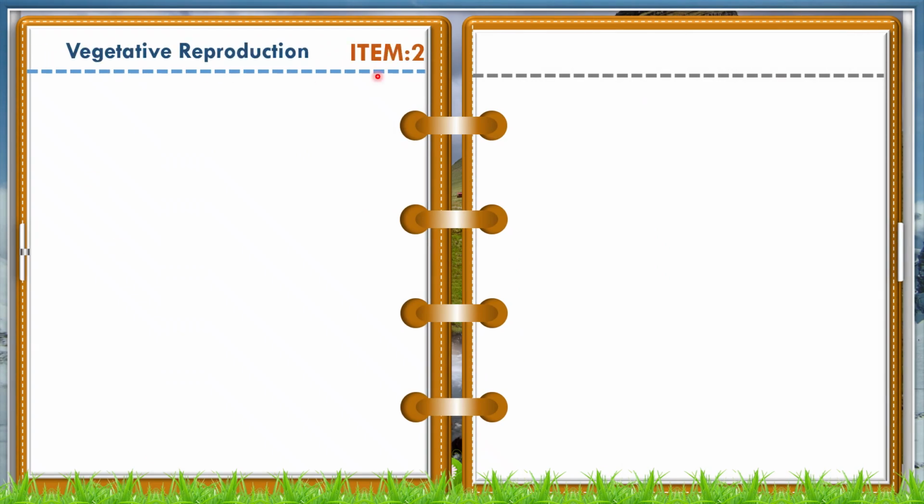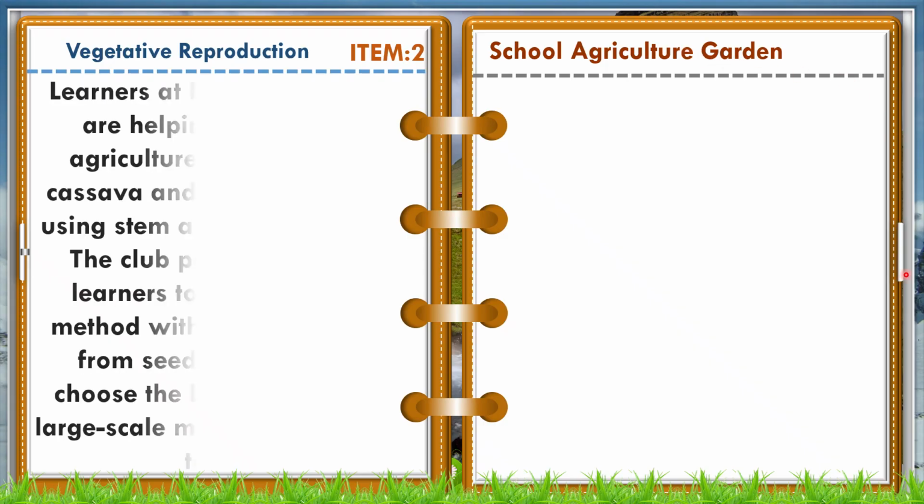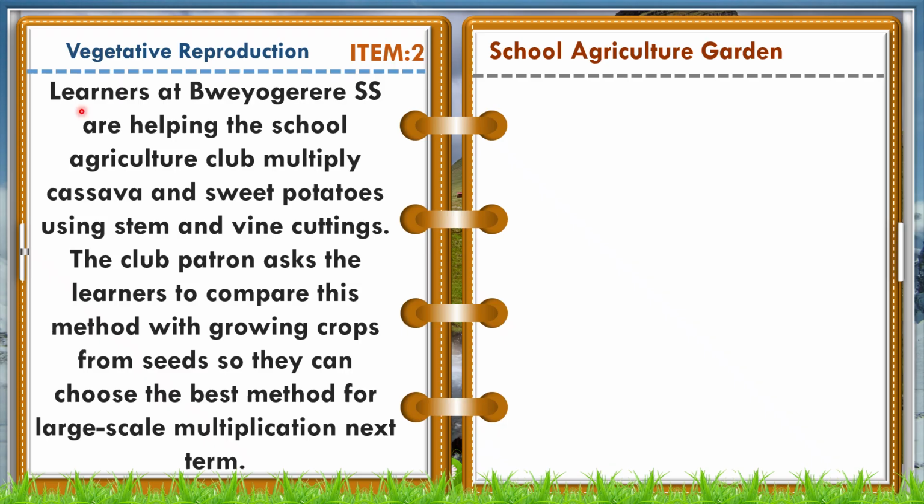Vegetative reproduction item 2. Let's now look at the school agriculture garden. Learners at Bweyogerere are helping the school agriculture club multiply cassava and sweet potatoes using stem and vine cuttings.